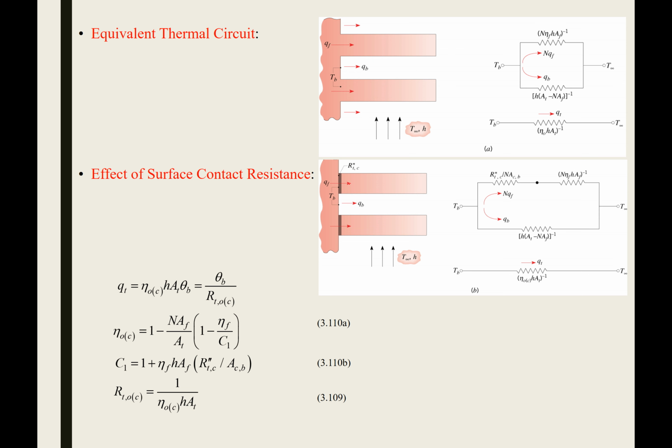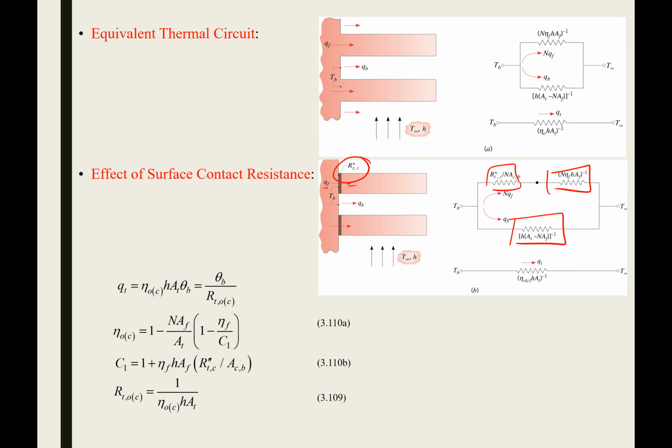Maybe if these fins were not manufactured as one complete whole, but maybe you screwed them in somehow and you didn't have perfect contact, you might pick up a thermal contact resistance going from the base to the fin, which would give you this extra resistance for the fin, while you just have this single resistance going through the base. Anyway, I'm not going to dwell on this because I don't find it to be that important.